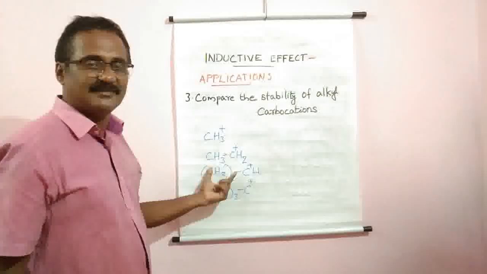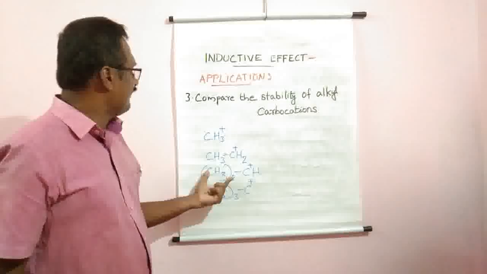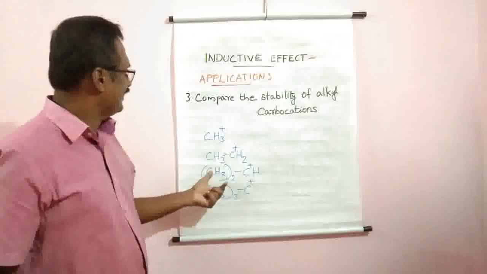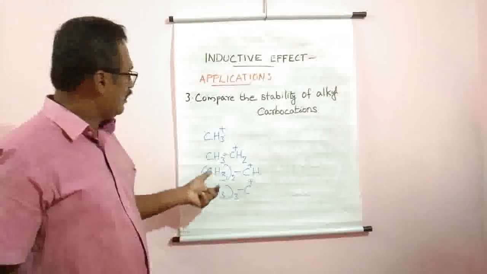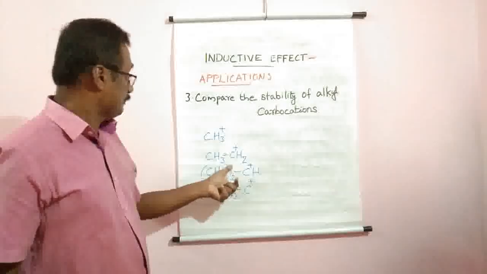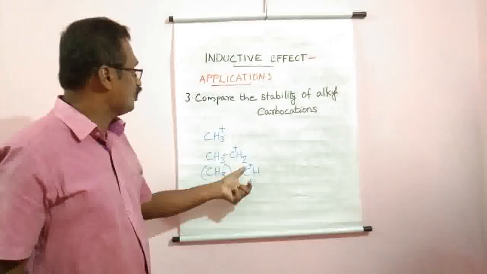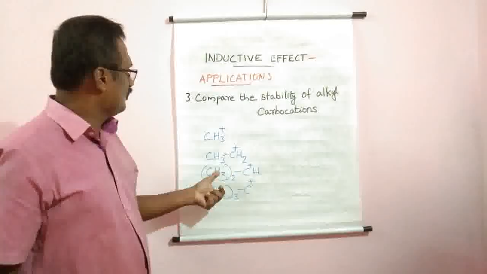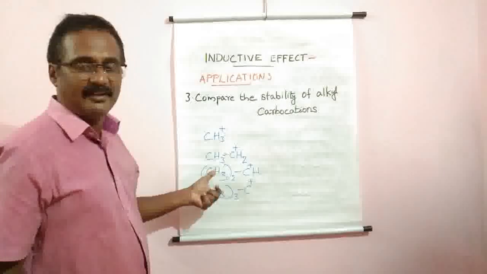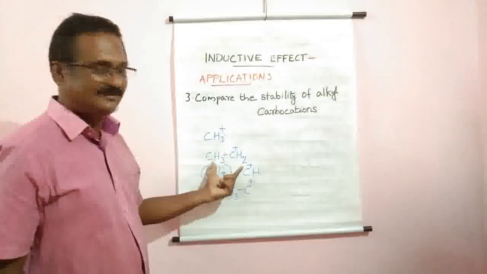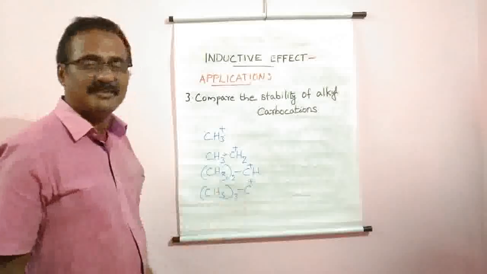Coming to this, it is having two methyl groups. This secondary carbocation is having two methyl groups, having plus I effect. Both the methyl groups donate their electrons to this carbon atom. So both these carbon atoms acquire partial positive charge. More dispersal of charge, therefore more stable.